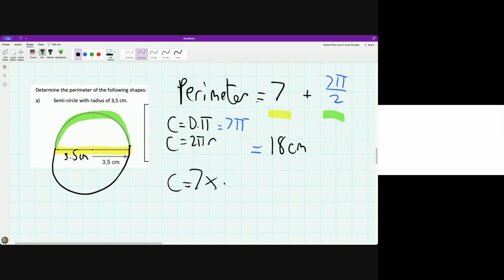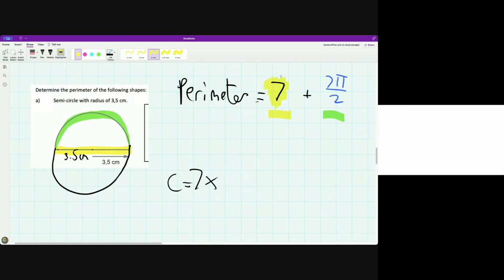So we go 7 times, okay, I've lost lots of people, so let's slow right down. Are we happy that the yellow bit is 7? Can I have a thumbs up or thumbs down for the yellow being 7? Okay, people are with me. Now I need to get this green bit. Now, this circle here has a diameter of 7 or radius of 3.5.